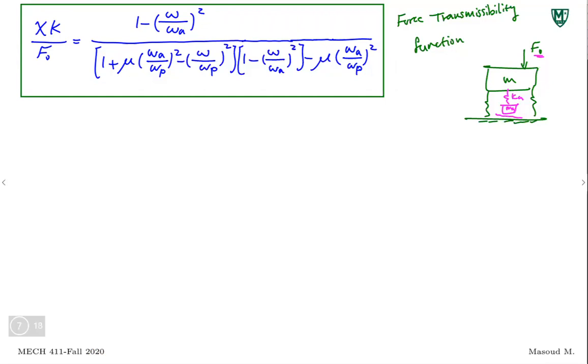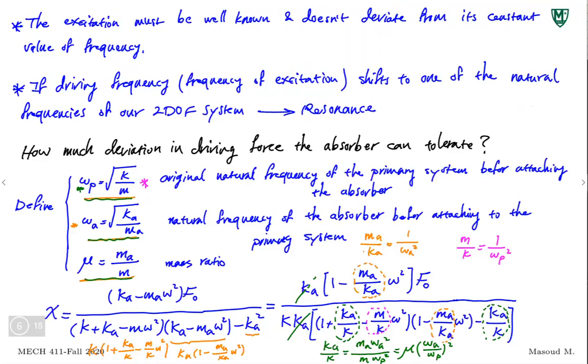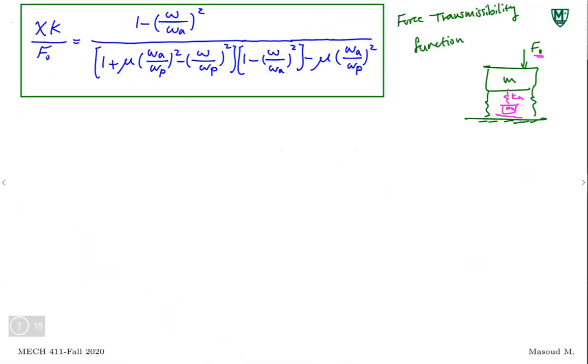Now, from this, how do we answer the question that we're trying to answer, right? How much deviation in driving force can the absorber tolerate? Here it is. If this is the force transmissibility function, it means that if this xk over F naught, the magnitude of that, is greater than 1, which means xk is greater than F naught, it's no good.